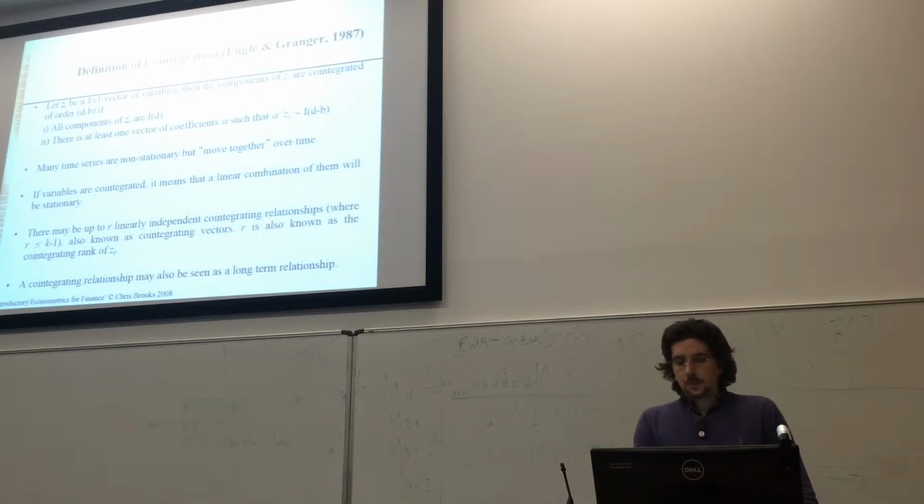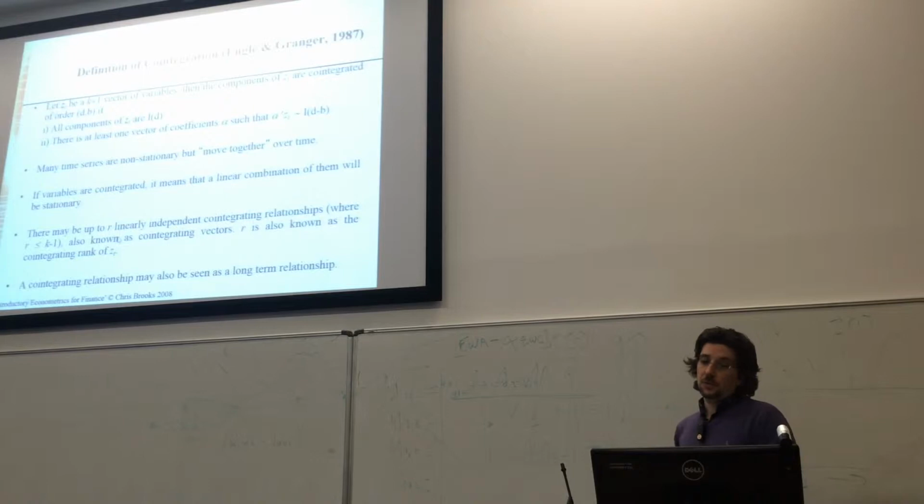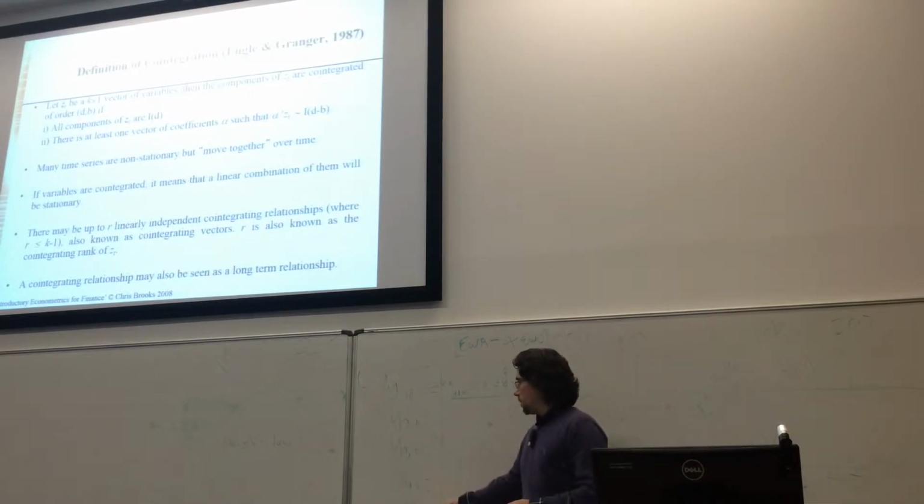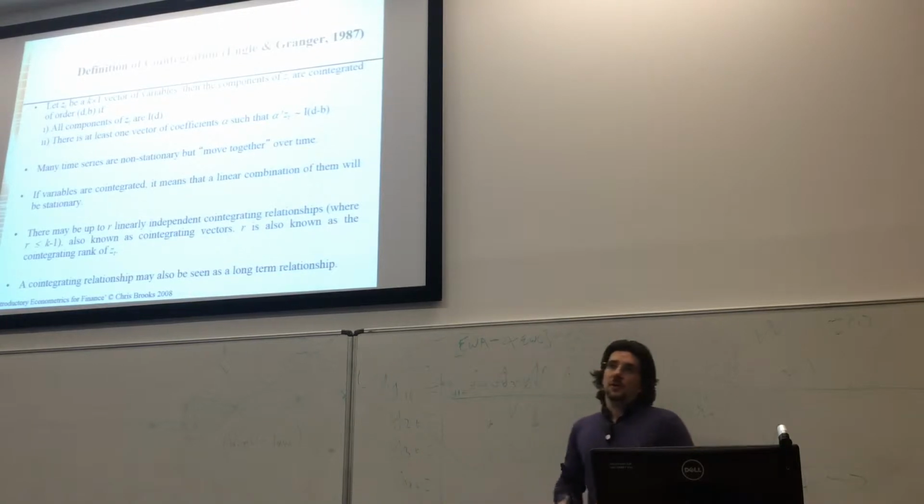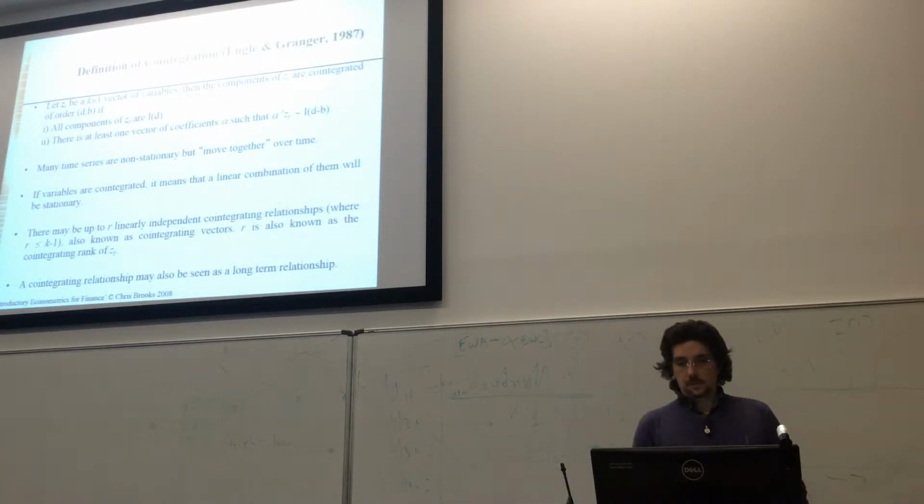So, in this case, he's saying there may be up to 4 co-integrating relationships if we had 5 different variables.